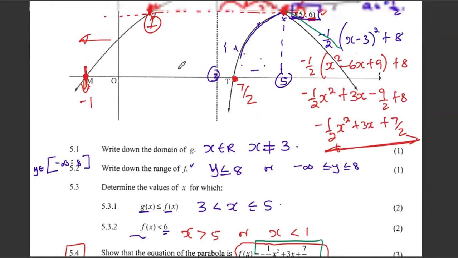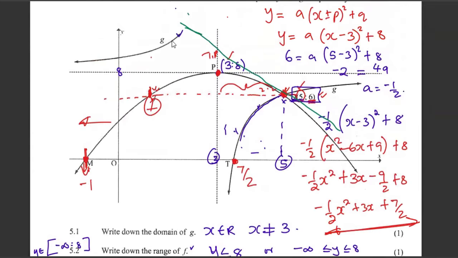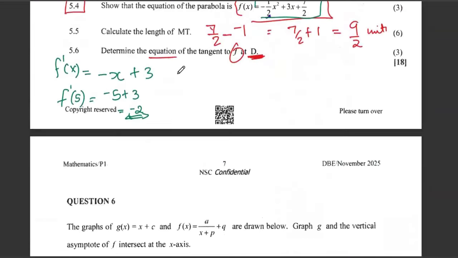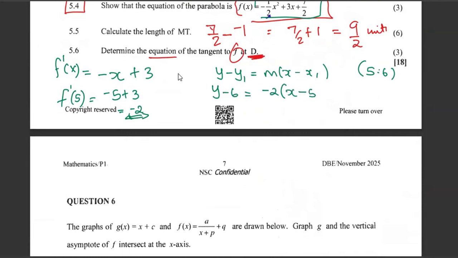So I think I'll be right by imagining that the line is moving in this direction because the gradient is negative. Then we're going to use point D, which is (5, 6), to get the equation, from y minus y1 is equal to m into x minus x1. So using 5 and 6, it's going to be y minus 6 is equal to -2 into x minus 5.